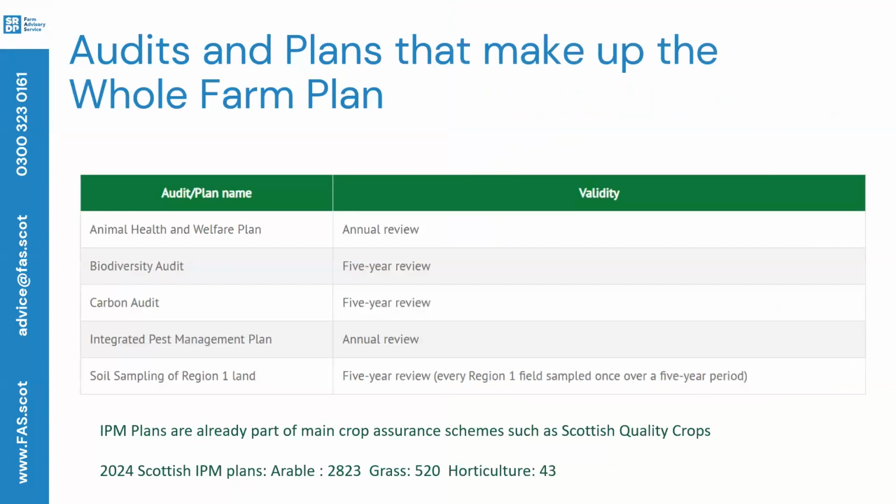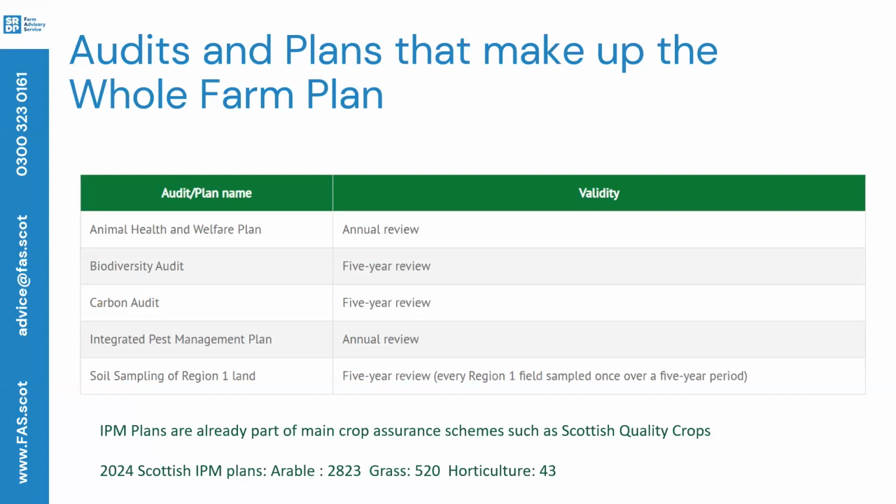So there's where IPM sits within your whole farm plan. It's one of those options. You'll see on that slide that it's an annual review, so the idea is that you're annually planning what measures you're going to take and how you're going to reduce risk on the farm. Many of you will be familiar with IPM plans already because they're part of the main crop assurance schemes. 90% of the combinable crop, for example, already goes through an IPM plan.